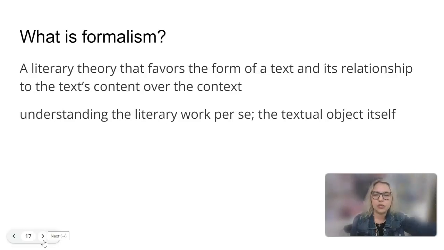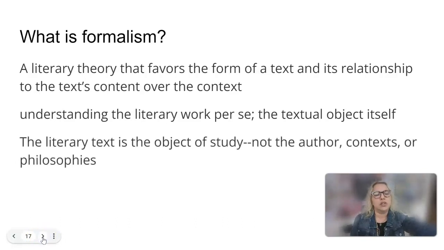So the textual object itself is what we study, not the things that surround it or where the text came from. Those things just aren't important anymore. So the literary text is the object of study, not the author, not any kind of context.